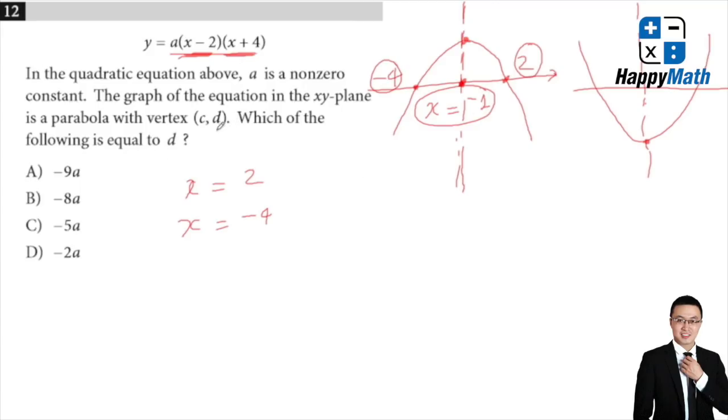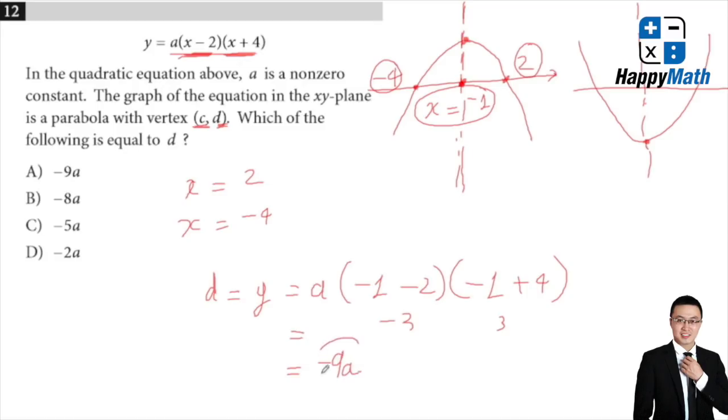I want to find d. I know about c: the vertex here has to be at x equal to -1. It means c equals -1. So I know x equals -1 and I want to find d. It means find y. So I substitute -1 for x. And you get -3, and of course in the end you get -9. Right? So here is the final answer.